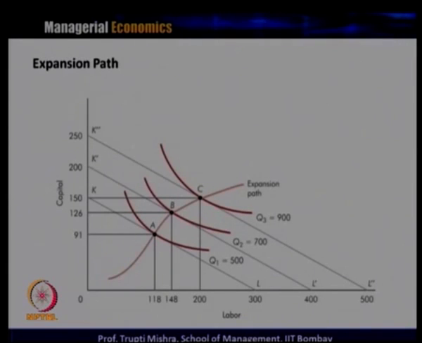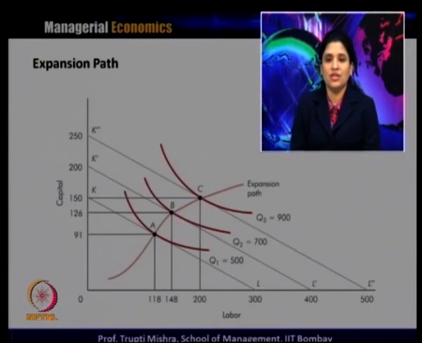So, this is a typical expansion path where maybe Q1 is 500, Q2 is 700, Q3 is 900, and Q1, Q2, Q3 are different isoquants with a different level of output.